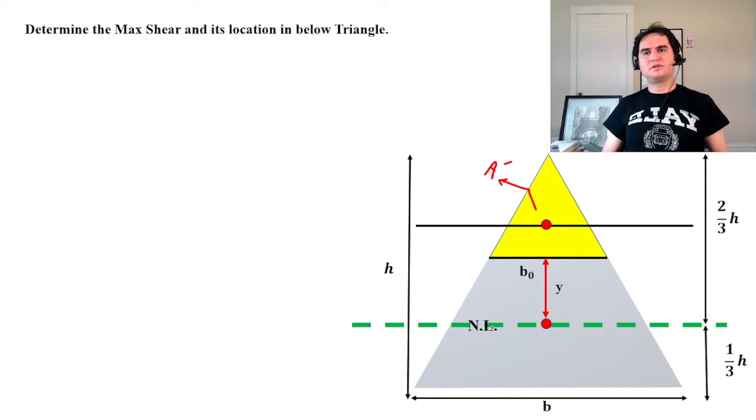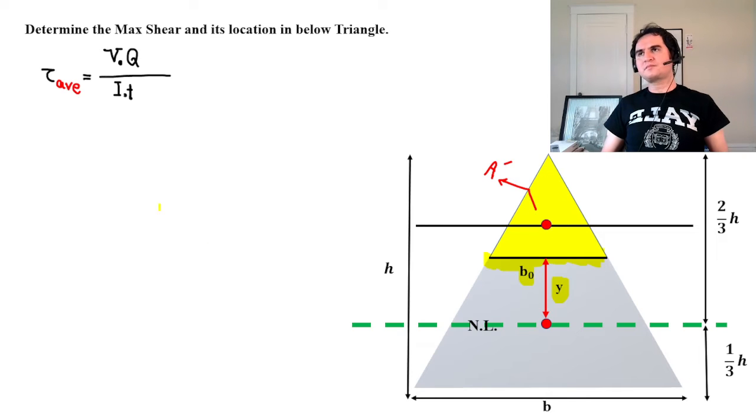The neutral line, or centroid, for the whole triangle is 1/3 of h from the base, and 2/3 from the other part. Our element width is b naught, and this is the centroid for our element, located at a distance of y from the centroid of the entire area.